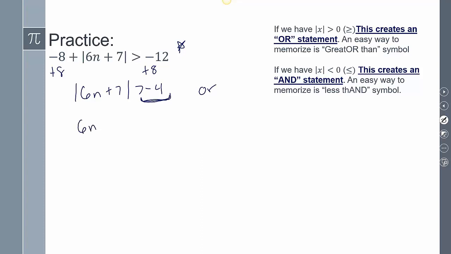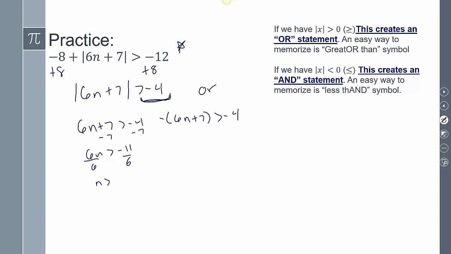So I get 6n plus 7 is greater than negative 4, and then negative 6n plus 7 is going to be greater than negative 4. So then solving for this, this is negative 7. I get 6n is greater than negative 11, divide by 6.